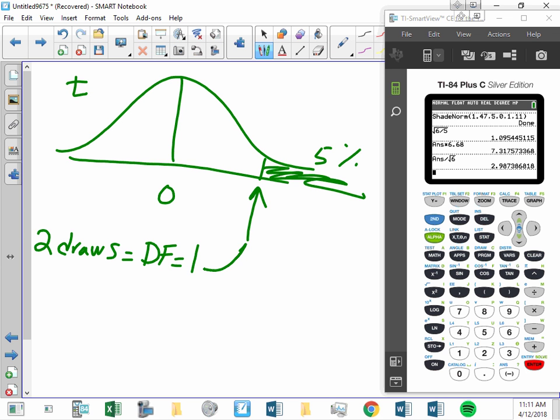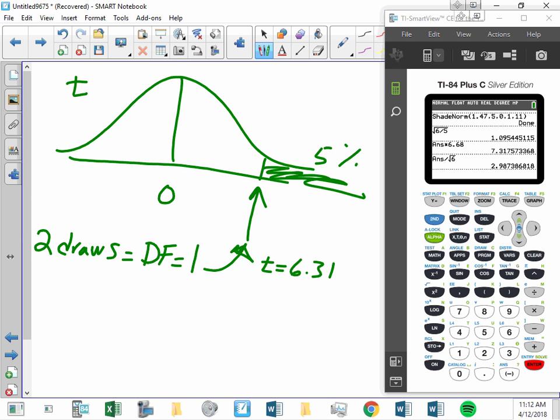And where is this mark? Look at your chart. T equals 6.31. That's huge, right? That means 5%. If you only take two draws, so let's say you want to find the average height of people at Emory High, and you go out and you talk to two people, how accurate is your information going to be?